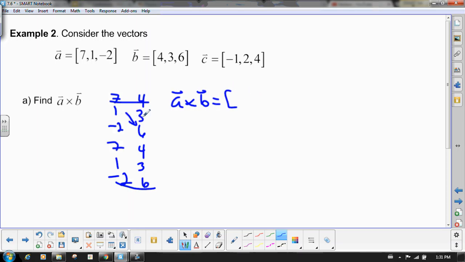So I'm going to have 1 multiplied by 6, so I'm going to have 6 minus negative 6, because the minus is part of the equation, and negative 2 times 3 is negative 6. Negative 2 times 4 will be negative 8. And then I'm going to have minus 42.